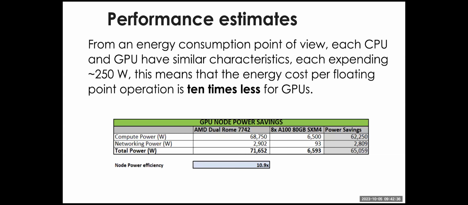And then for the energy expenditure estimate, we have made a simulation using NVIDIA's simulator, and we are assuming that we have this AMD dual ROME CPU processor and the A100 SXM4 GPU, and we have found that the energy expenditure for one run is 10 times less, or 11 times less, in the GPU than in the CPU.